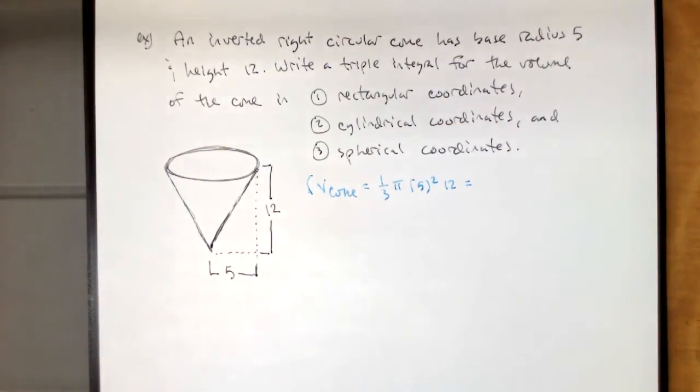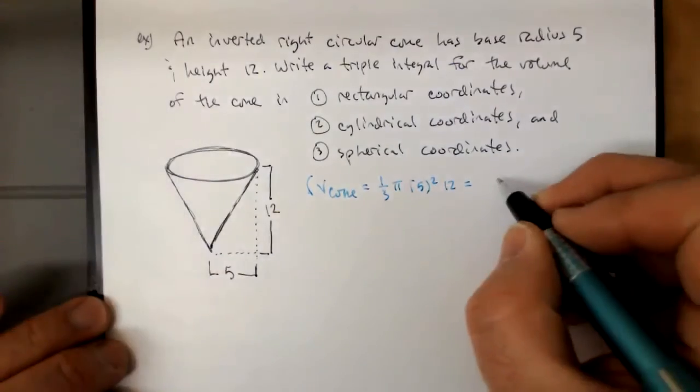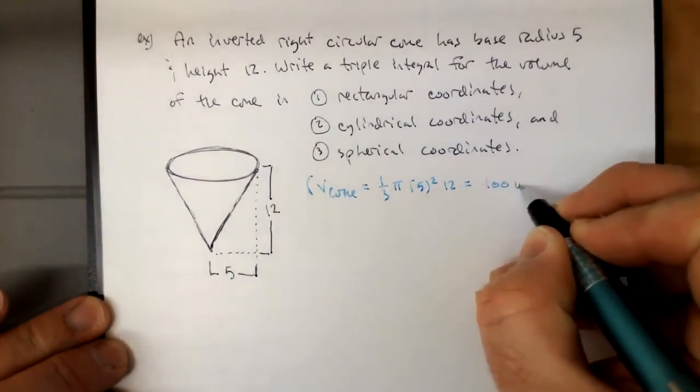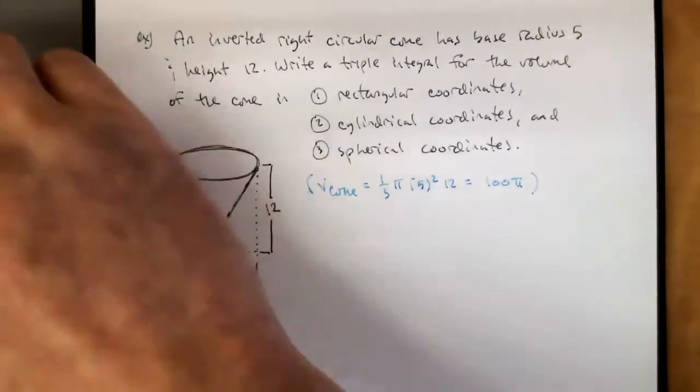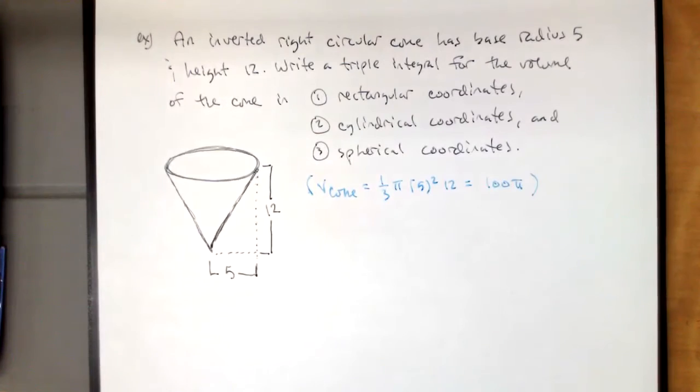So 1/3 of 12 is 4, times 25 is 100 pi. So we know what we're aiming for. Actually calculating the volume of the cone is not the question. Building triple integrals in rectangular, cylindrical, and spherical coordinates, that's the question.